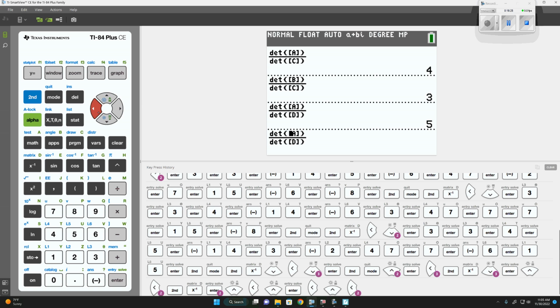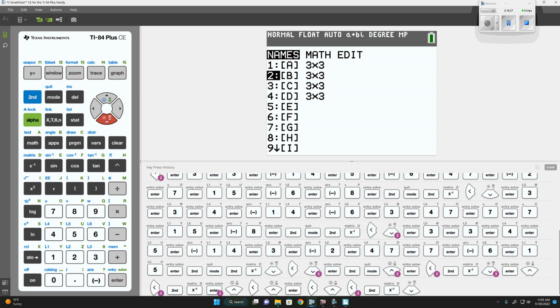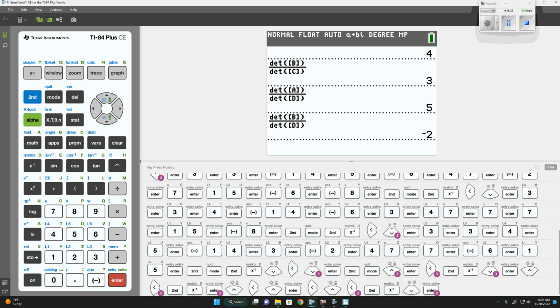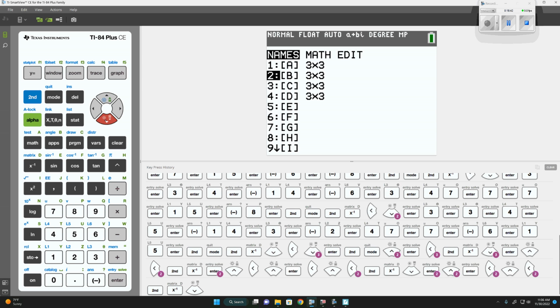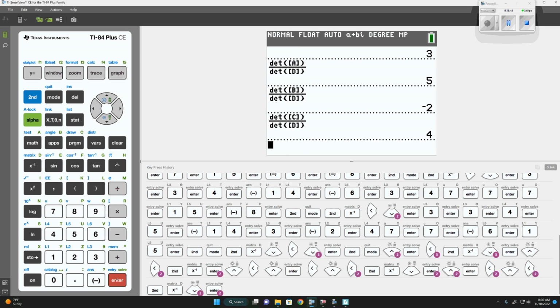And this time replacing matrix A with matrix B. And it tells us the y value is -2. Now we need to do this one more time. For this time we're replacing matrix B with matrix C. And it tells us the z value is 4. So our solution for this here is 5, -2, 4.